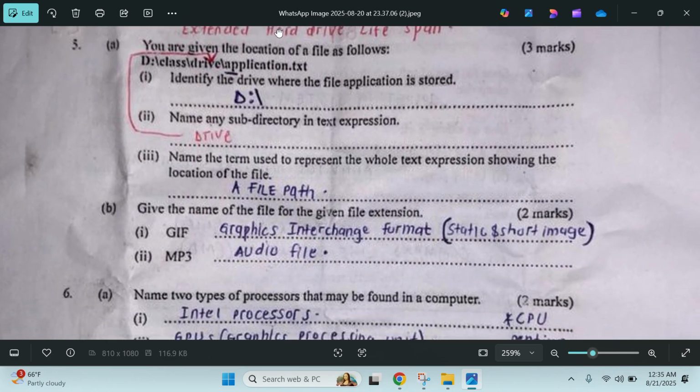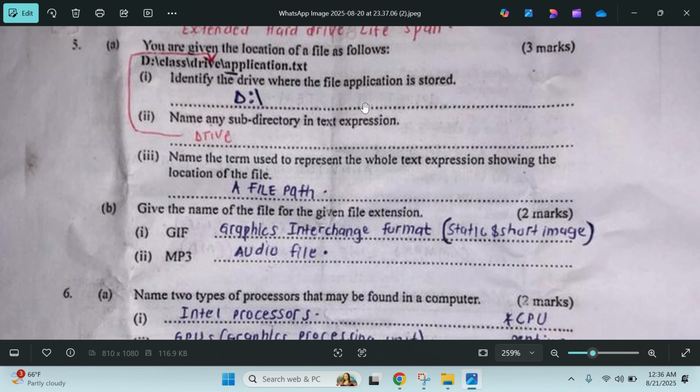5 of the same paper, you are given the location of a file as follows. The location they give us is D://class/drive/application.txt. And they're asking us, identify the drive where the file application is stored.